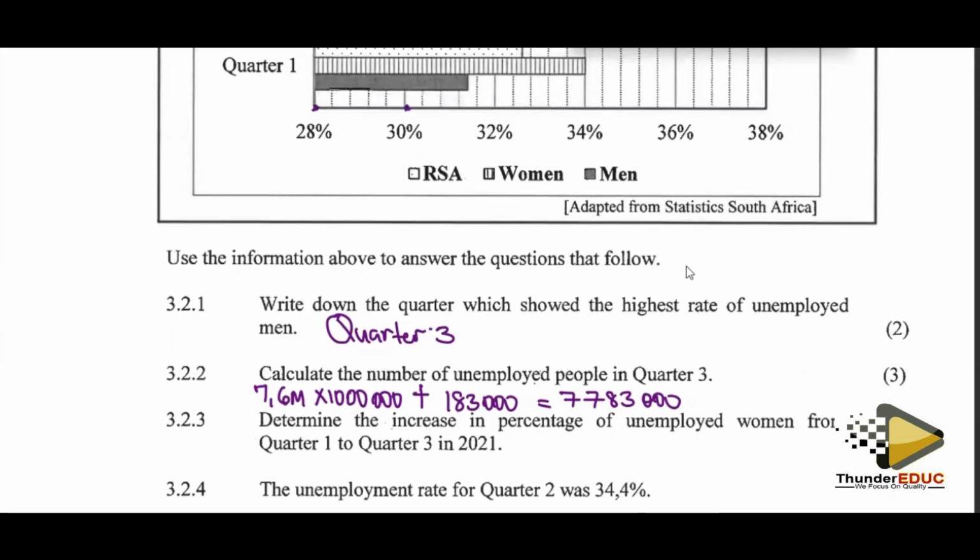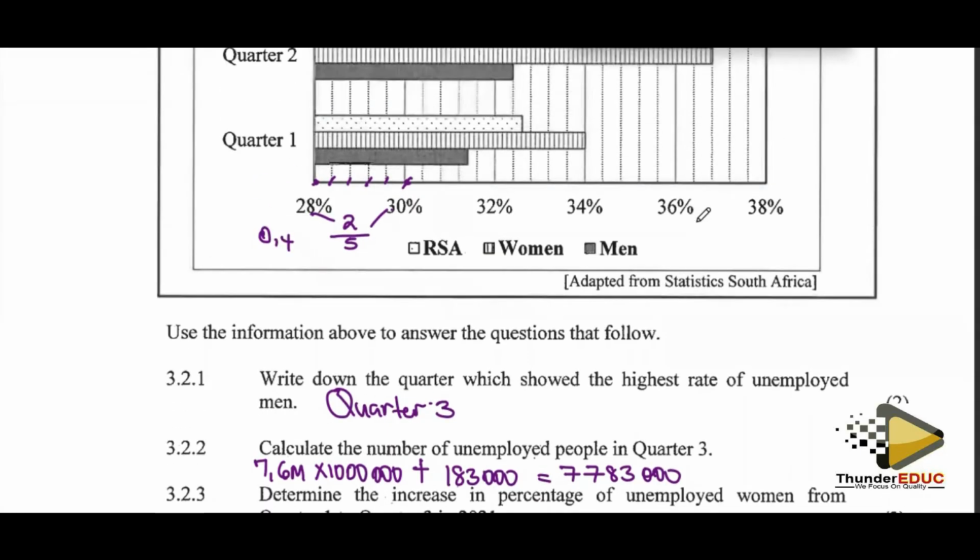How many lines do we have? 1, 2, 3, 4, 5. So 5 lines. What's the difference here? It's 2. I'm looking for how much each line represents. So if the difference between these two is 2, and it takes 5 lines, I need to divide by 5. So 2 divided by 5, I have 0.4.